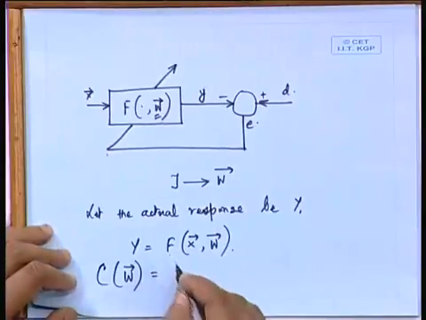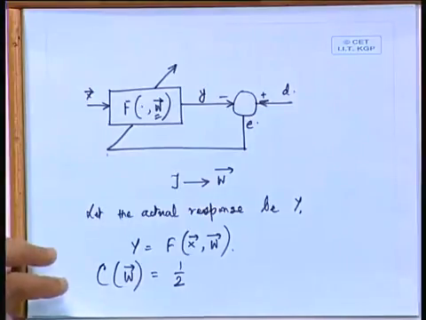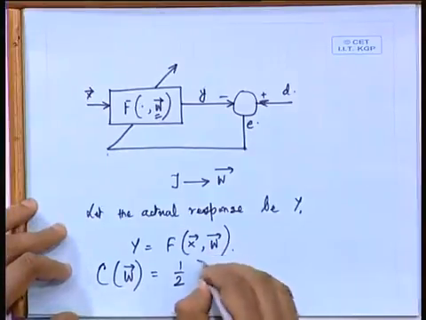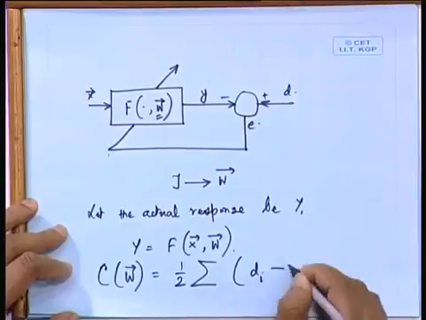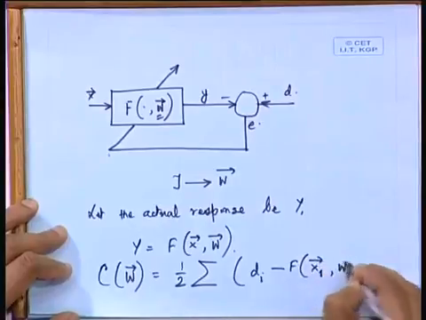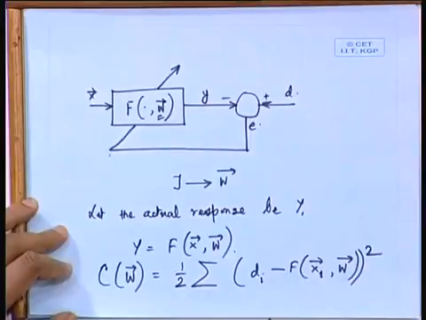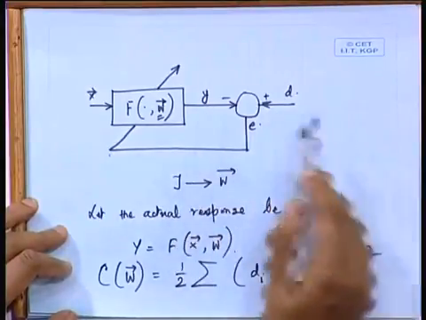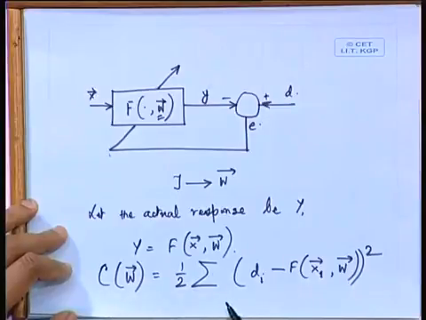C as a function of W is written as half, which is only for mathematical convenience, times the summation of (di minus f of xi vector comma w) squared. That means the sum of all the squared errors. And the summation is computed over what? What is the limit of the summation?